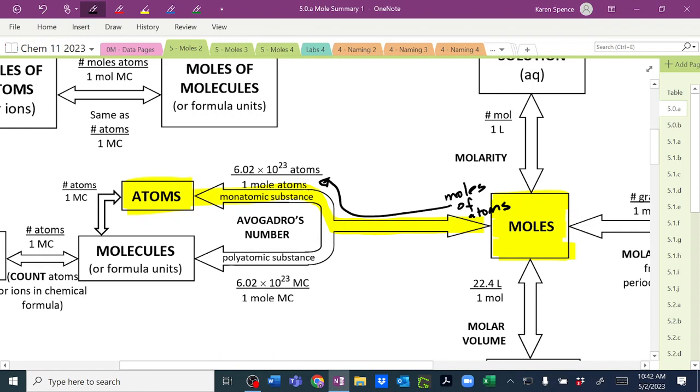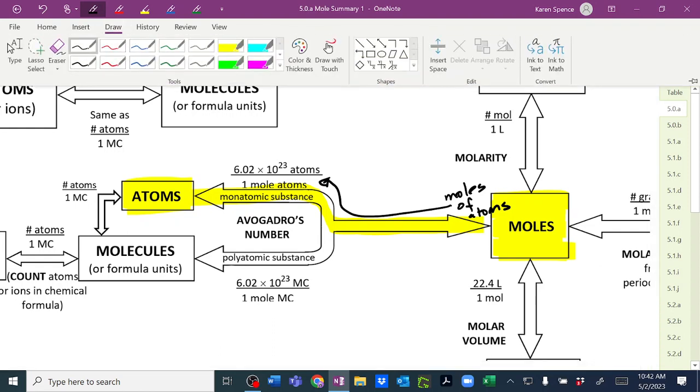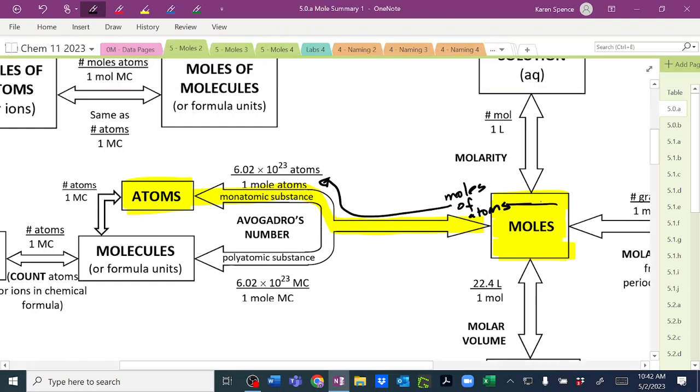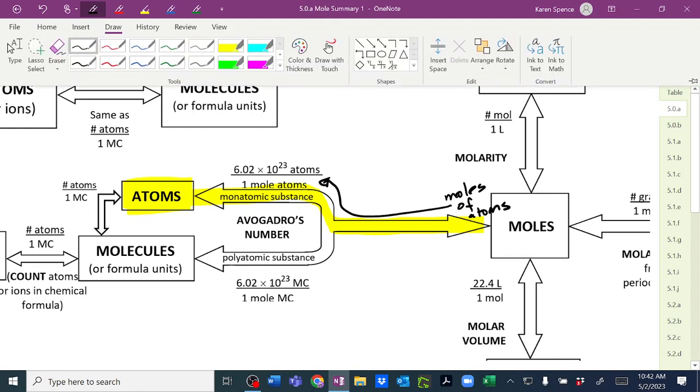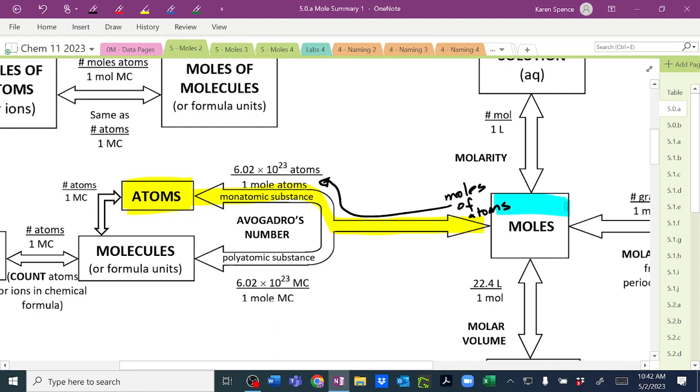I can also convert from moles to molecules, because remember we can convert between moles and particles. Atoms are particles, molecules are particles.